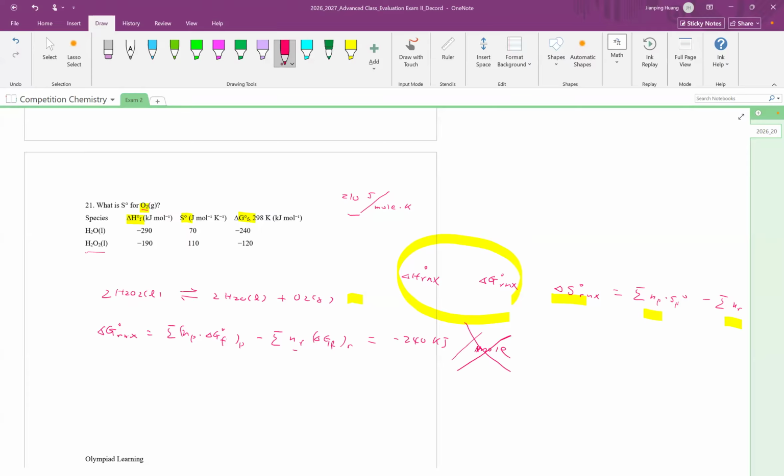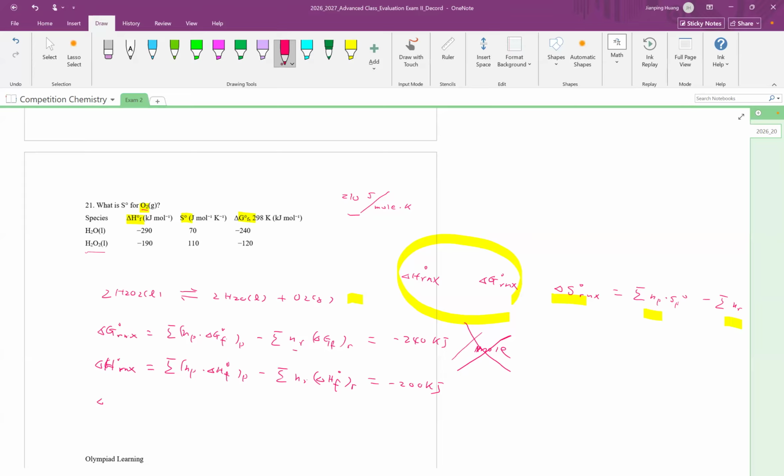Because here is per mole. Okay. Now it's the same way for delta H reaction standard: sum of n_P delta H_f of products minus sum of n_R delta H_f of reactants. Do I have it? I have it. It's minus 200 kJ.